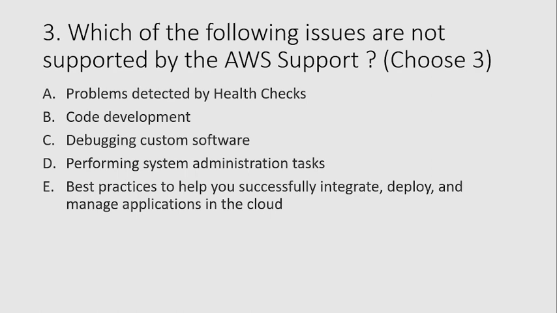We have to choose three. You should be very careful when reading the question. Here it asks for what is not supported by AWS Support. The options are: A, problems detected by health checks; B, code development; C, debugging custom software; D, performing system administration tasks; E, best practices to help you successfully integrate, deploy and manage applications in the cloud.